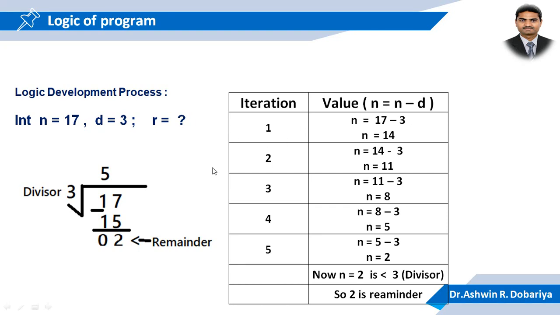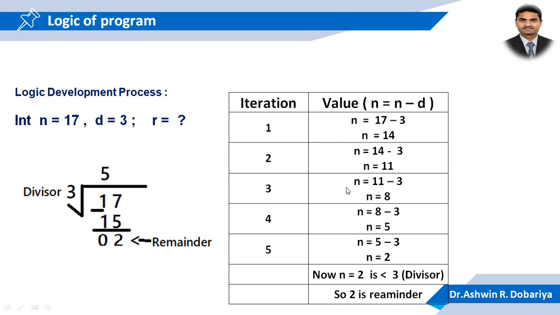First, suppose we have to execute one loop. In the first iteration, when the loop executes the first time, whatever number is there, suppose 17, we will just subtract the divisor value. So 17 minus 3, n becomes 14. Then in the next execution, again whatever latest number is there, we subtract the divisor value 3, then it becomes 11.